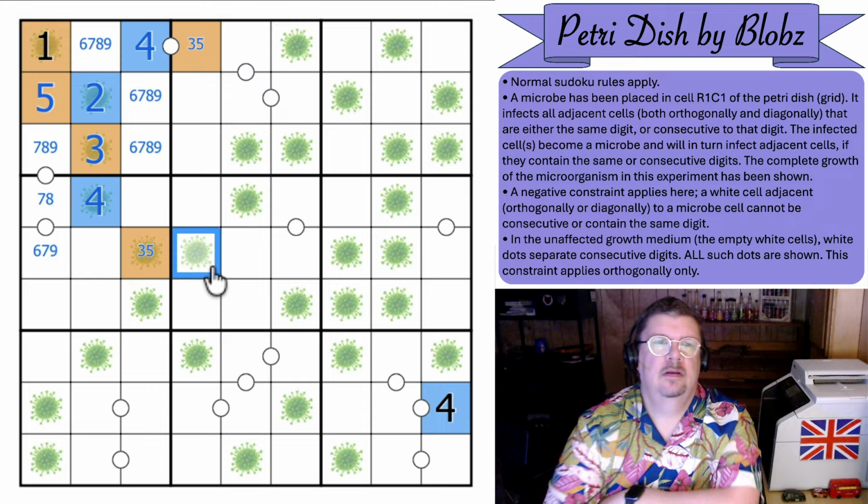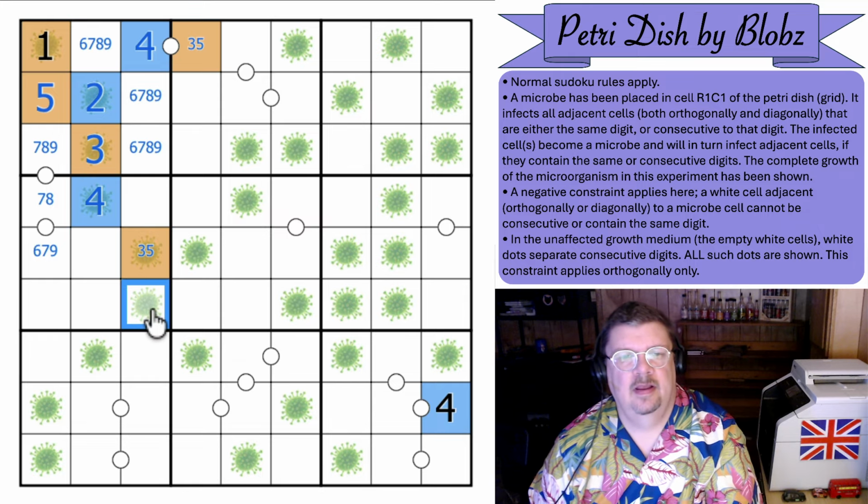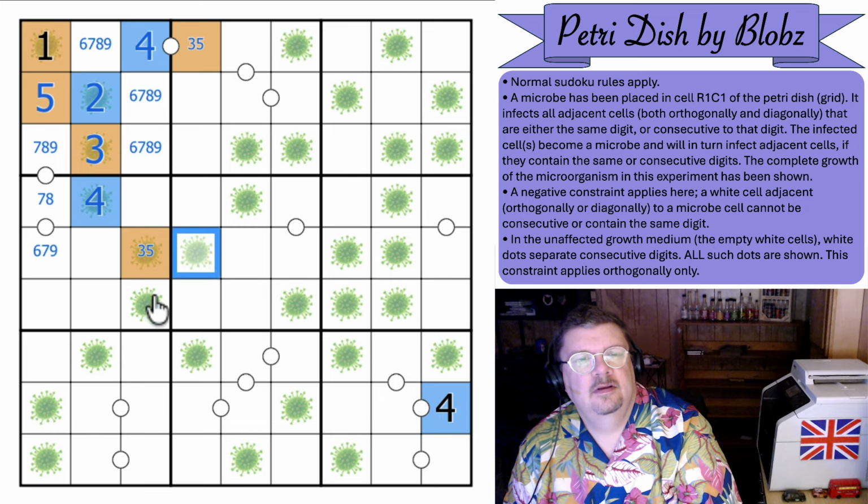That could be 2, 4, or 6, and then that infects by that. But if that's 2 or 6, then that could be odd, infected by that. That's a bit gnarly.